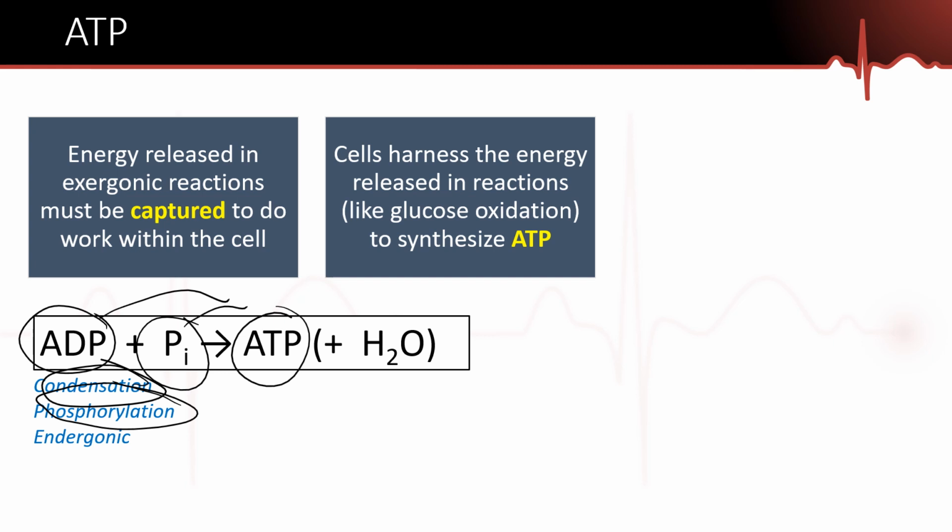And then lastly, this is always going to be an endergonic reaction. You're going to have to bring energy into this chemical reaction, this chemical equation, in order to recombine ADP and inorganic phosphate, which is also the opposite of ATP hydrolysis, the breakdown of ATP, right? That's a huge exergonic reaction. In this reaction, we know that ADP and inorganic phosphate, which now serve as the reactants, actually have less energy than ATP, which is the product.